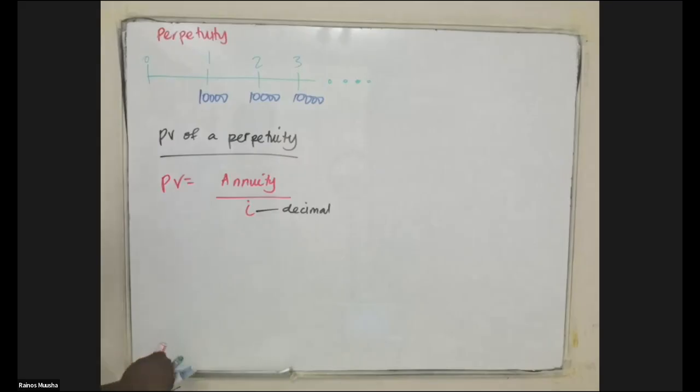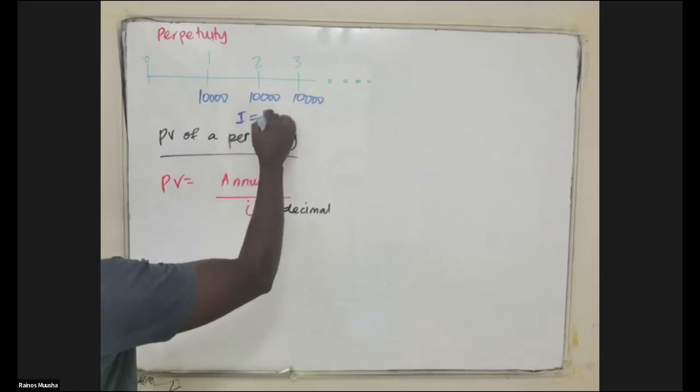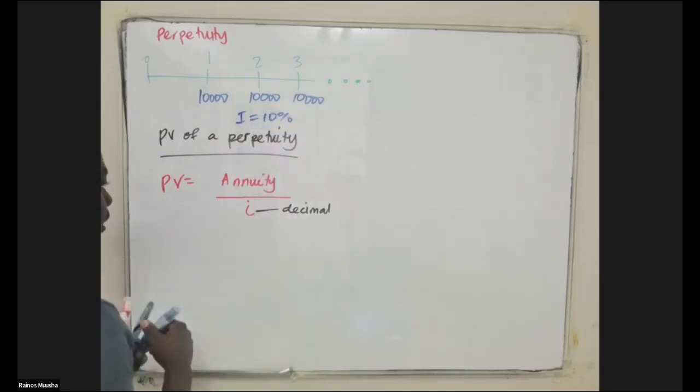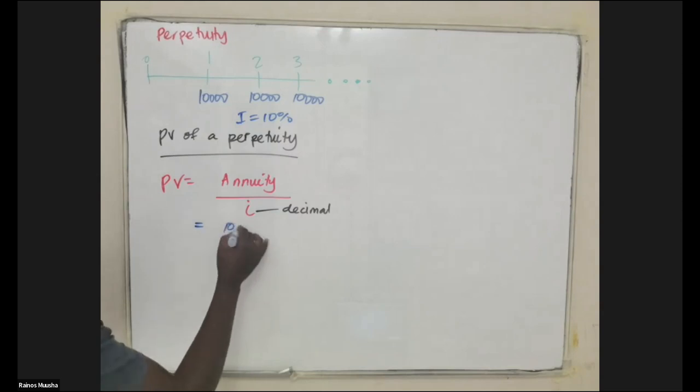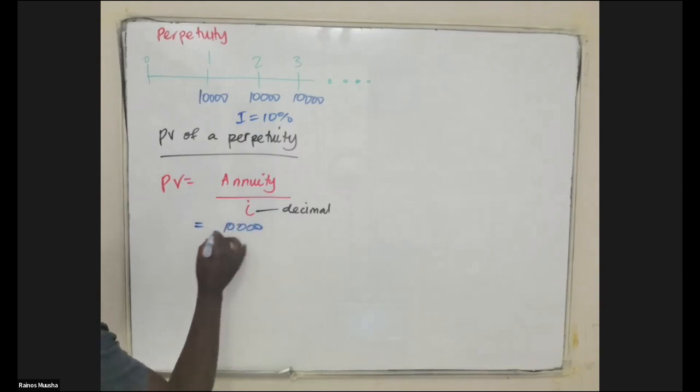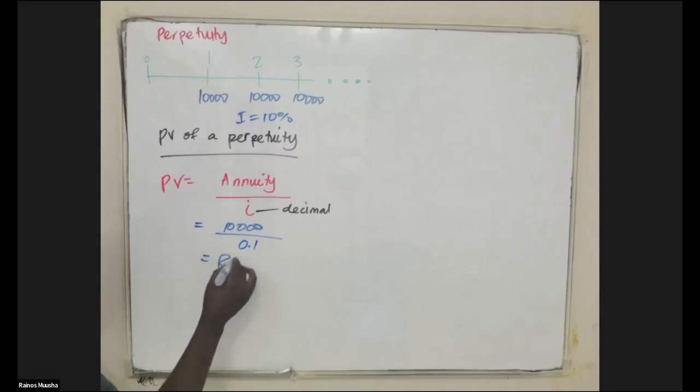Remember we said the assumption here was your interest is 10%. So the present value of a perpetuity is given as the annuity of 10,000 divided by your interest as a decimal. 10% divided by 100 gives you 0.1. So how much is the present value of this perpetuity?